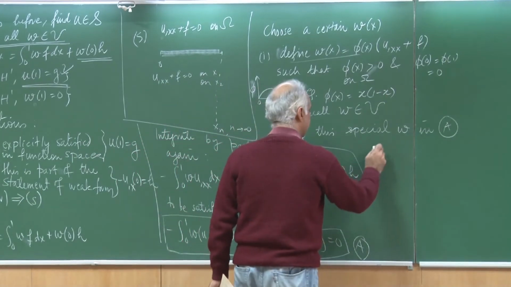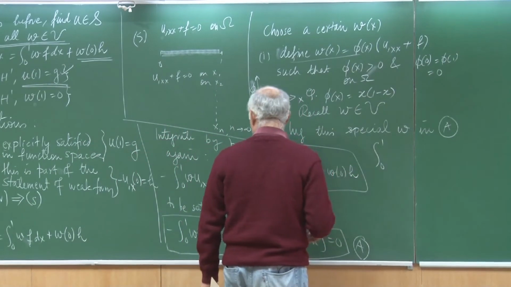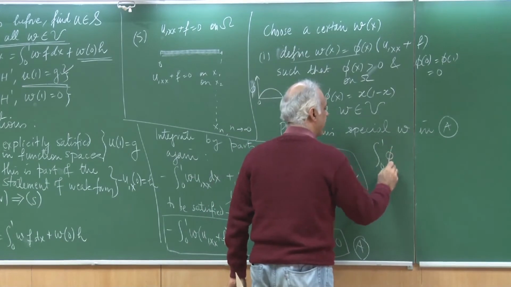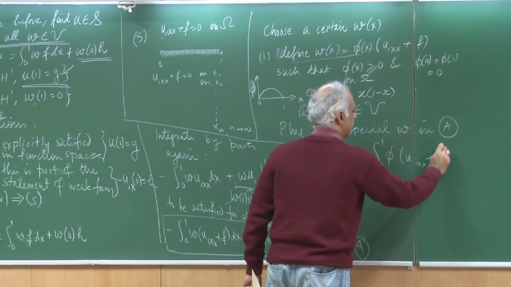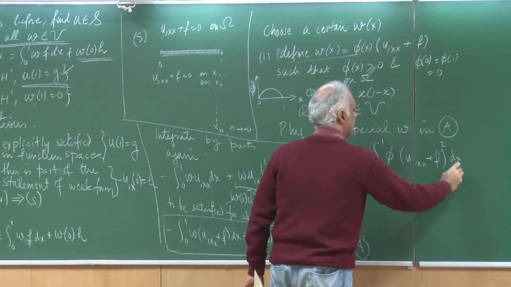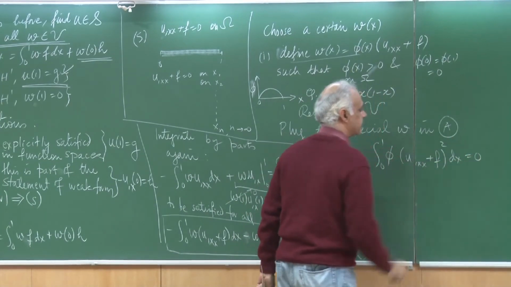I would get integral 0 to 1 phi times u comma x x plus f whole square dx equal to 0.